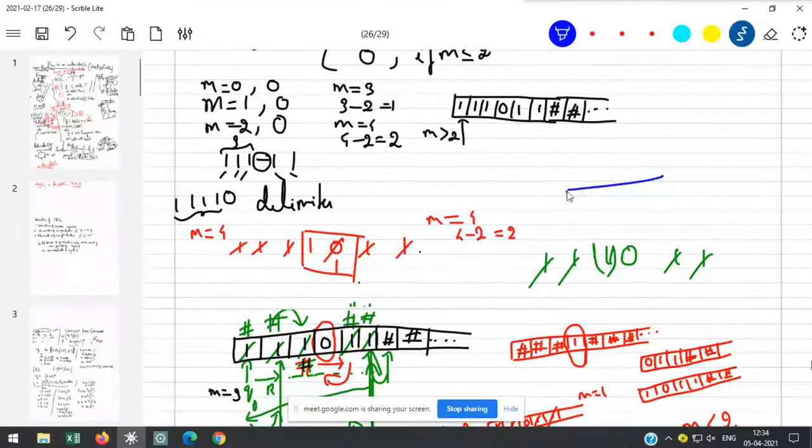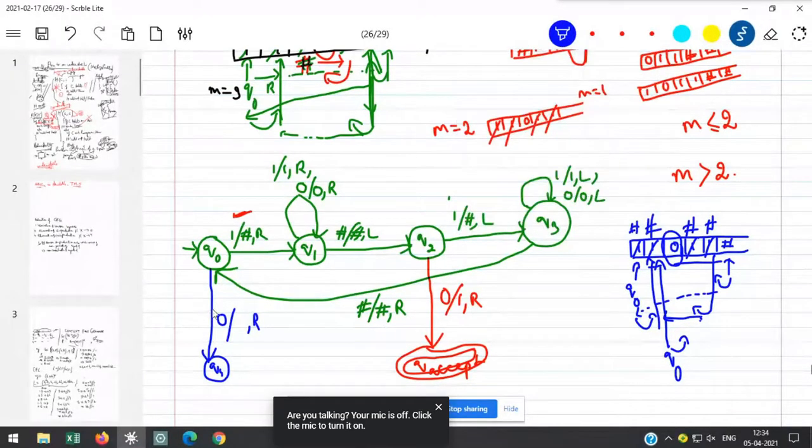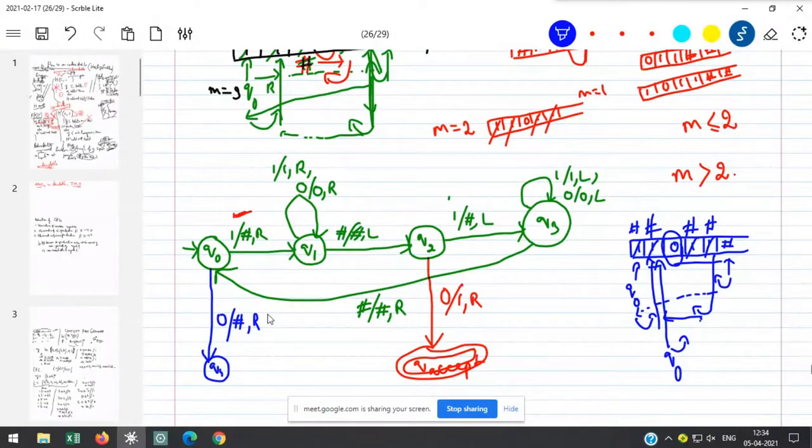I mean, inside this one, if I cancel everything, then only hash symbols will be there. So here I'm going to replace this by hash, the blank symbol. So if m is less than or equal to 2, then this 0 will be replaced by hash.